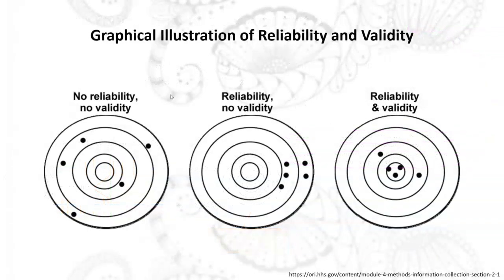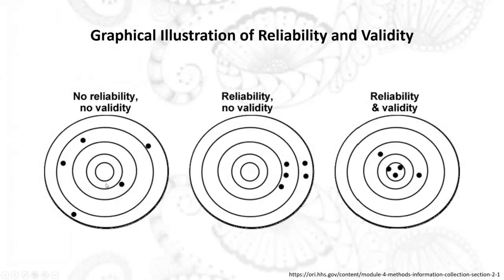Another graphical illustration to let you understand more about reliability and validity. In this dashboard, no validity and no reliability, because all the dots are scattered around and not focused on a specific location, specific area. It is not valid and not reliable.